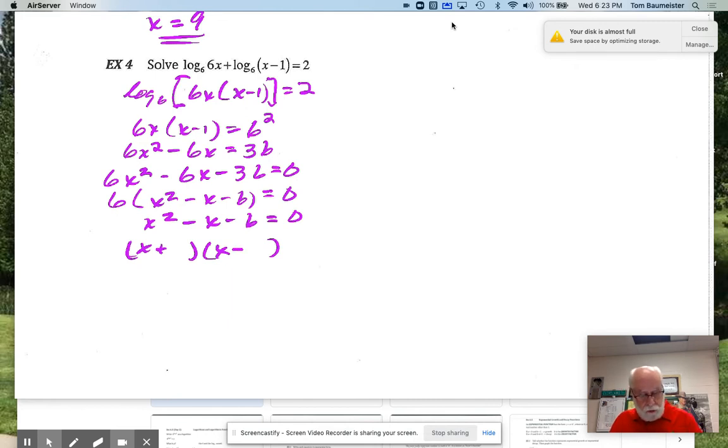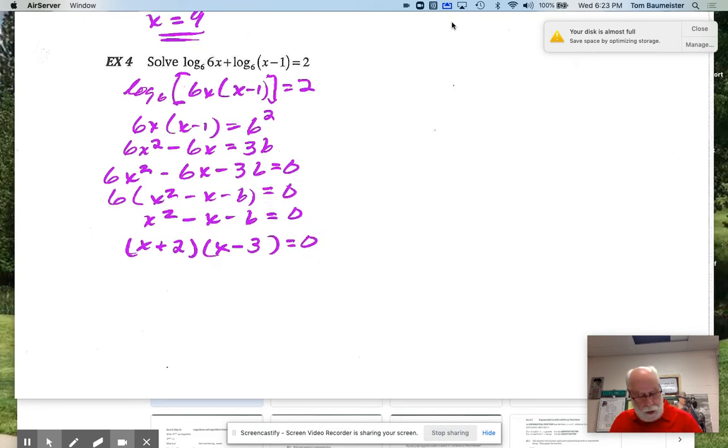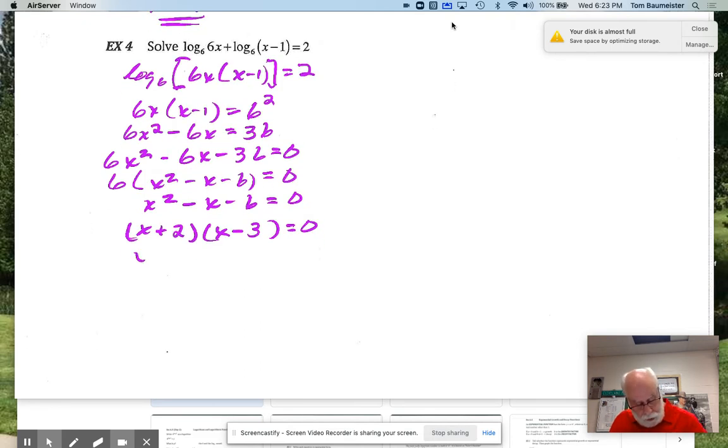And what are factors of 6 that will give me a negative x, or a negative 1 if you want to think of it? So that would be minus 3 and plus 2. So then again, by the zero product property, we'll say that x is equal to negative 2 or x is equal to 3.